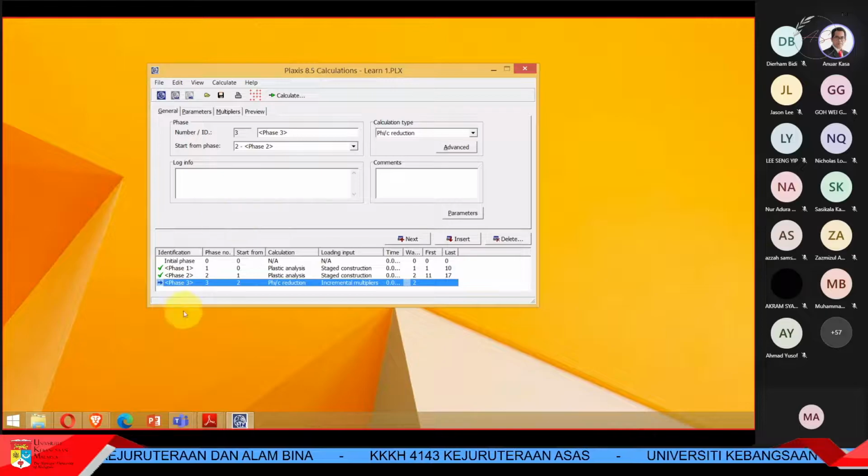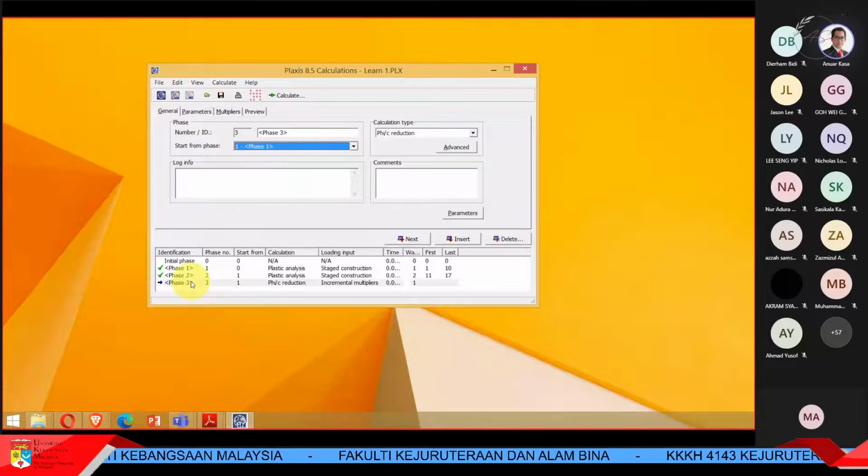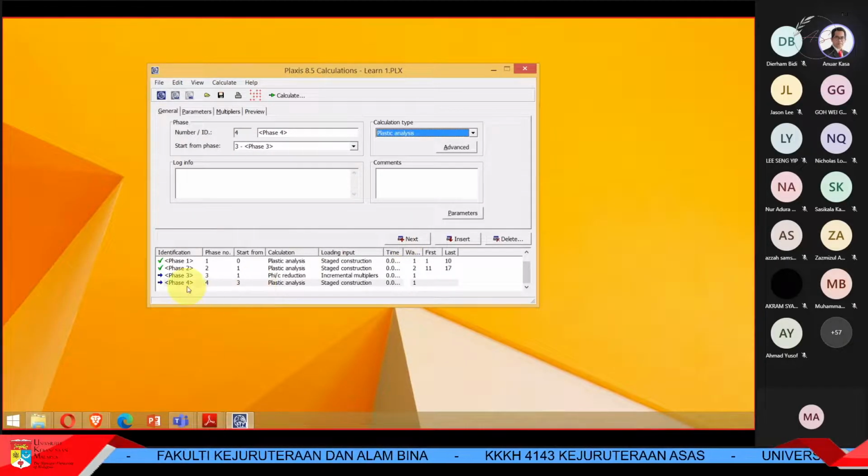Okay, meaning that after this one, it is analyzing the phase 2. We want the first case, phase 1, as well as phase 2. What is the factor of safety? In this case, we can just use phase 1 and then phase 3.